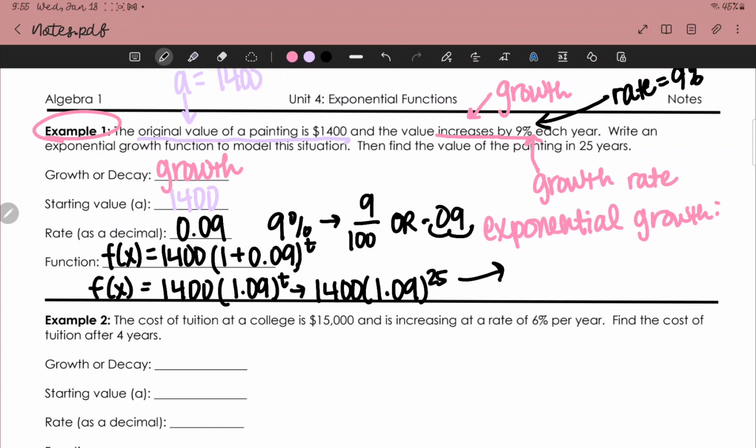I found that the value of that painting is going to be $12,072.31. You need to round it, because they didn't tell me what to do, so since it's money, I'll keep it there.